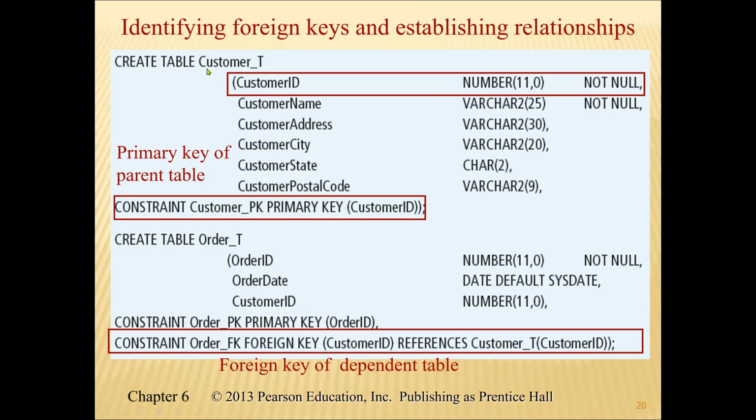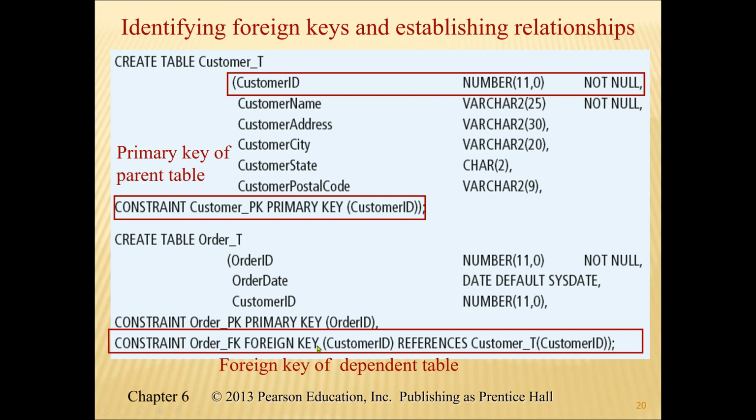So here we have a table again, CUSTOMER_T, and we want to create a relationship between CUSTOMER_T and ORDER_T. Which means in ORDER_T, I'm going to have customer ID, because customer ID is a primary key in CUSTOMER_T. So I'm going to have it in the ORDER_T table as a what?